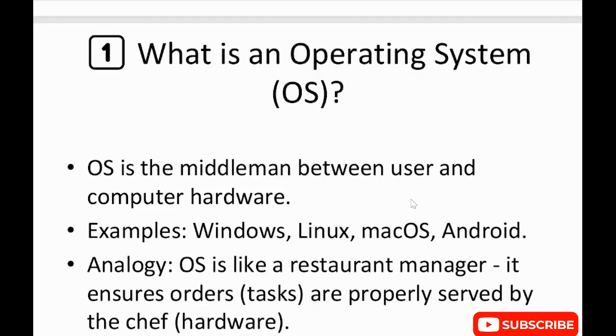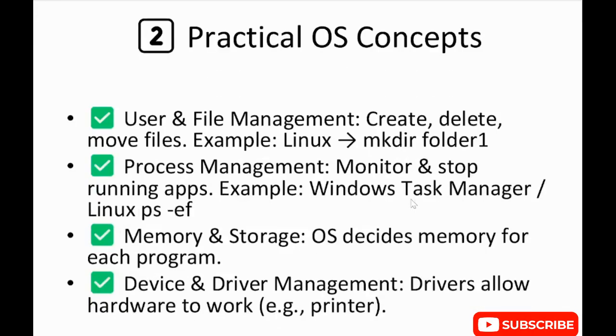It is the middleman between the orders, how many orders came, and how the staff are serving them. So there is the interaction between the hardware and the orders, staff and the orders, and this is done by the restaurant manager. It is in the middle, right? Same like an OS. In this way, you can understand it.